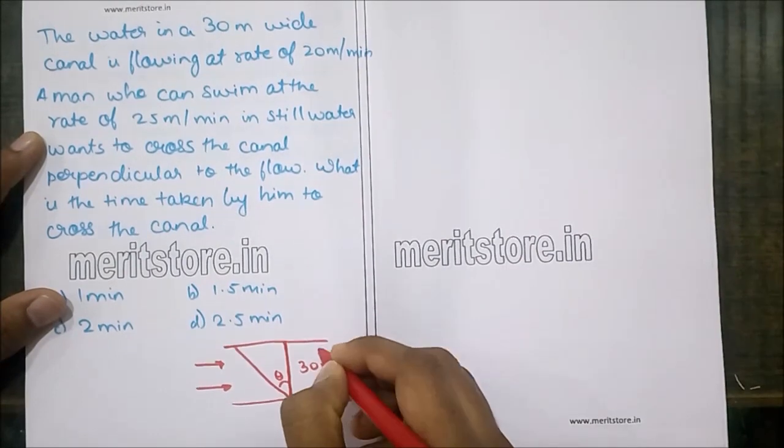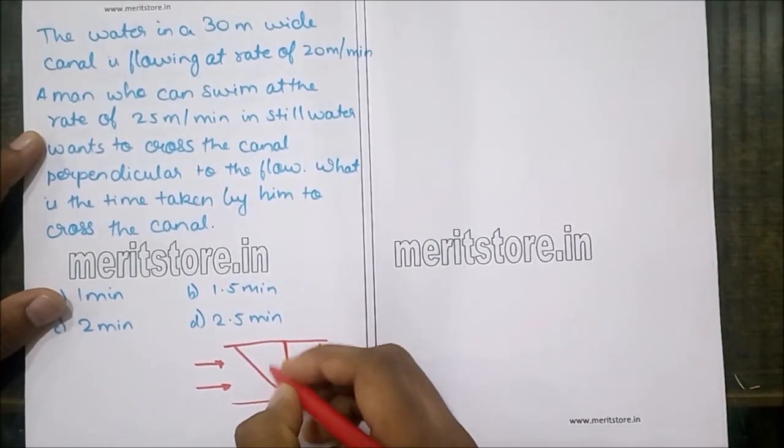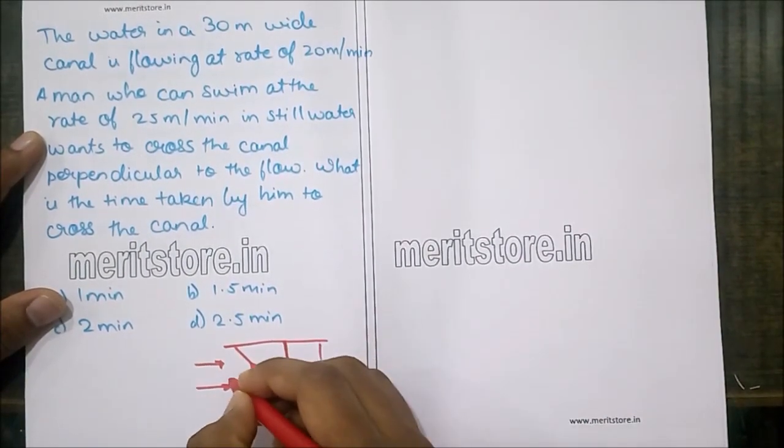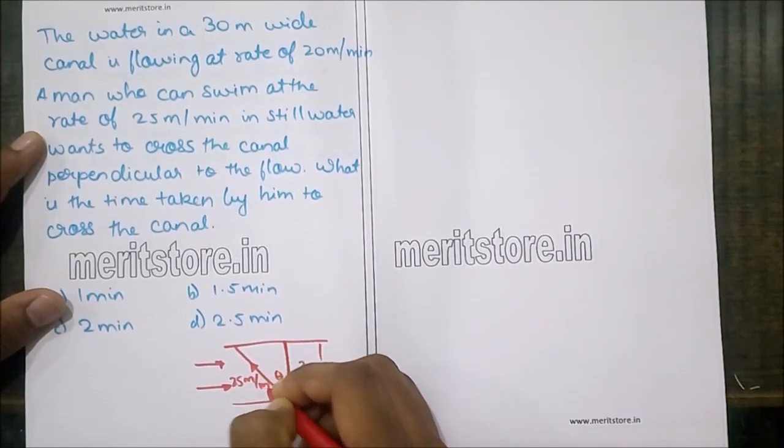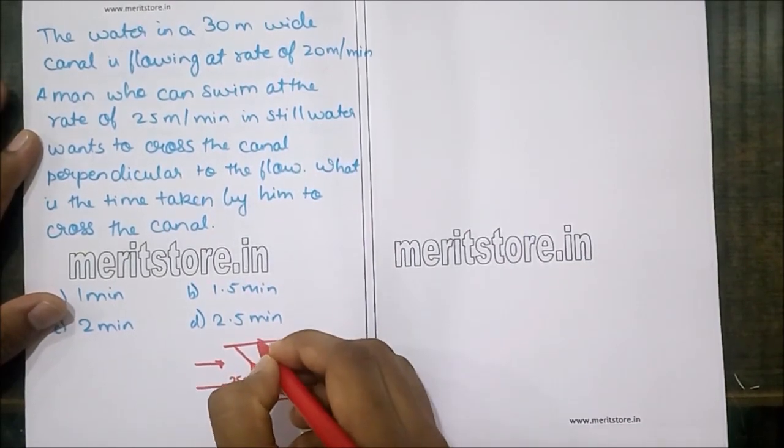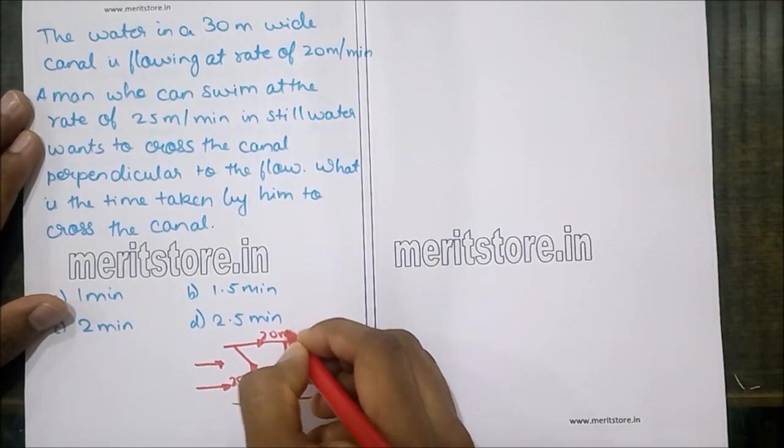So 30 meters is the width of the canal and his speed is 25 meters per minute, whereas the flow of water is 20 meters per minute.